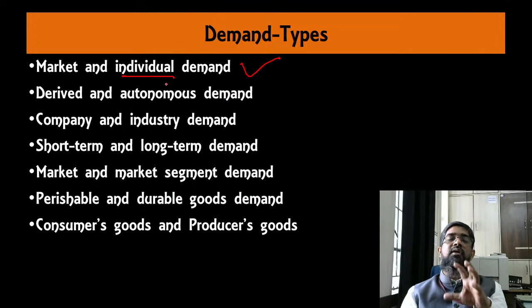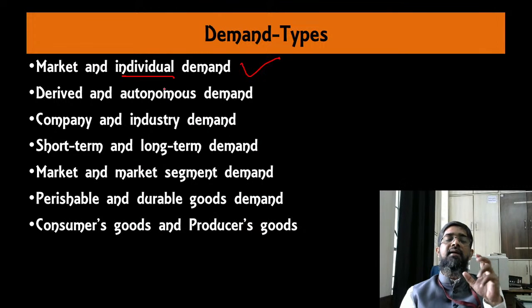हर एक individual के perspective पे हम demand देखते हैं कि हमारी demand क्या है product की, different product की. How much clothes I buy, how much food item I buy, how much milk I buy, right? Mobile phone, anything.